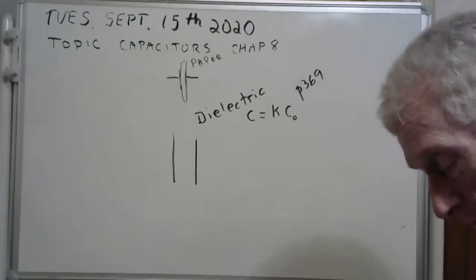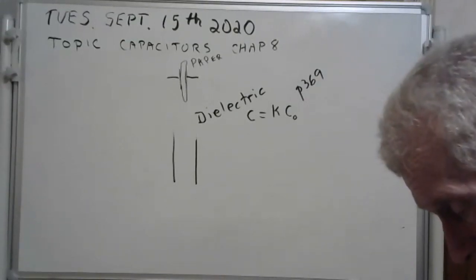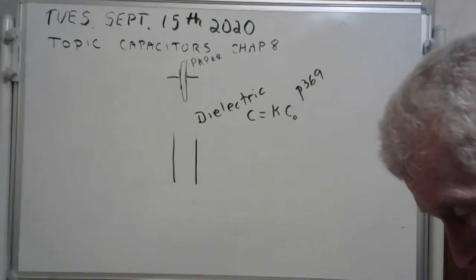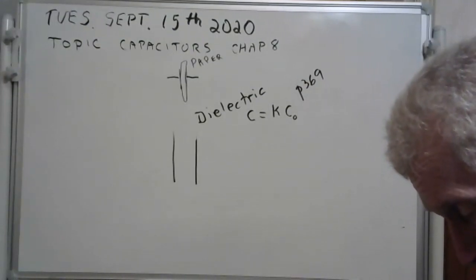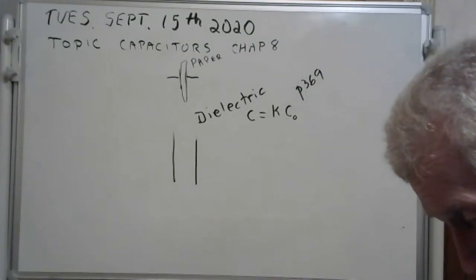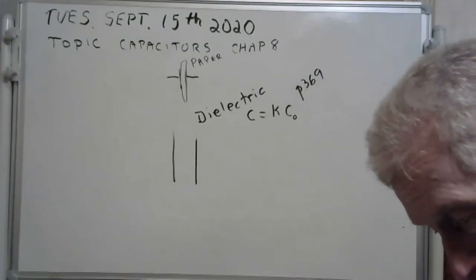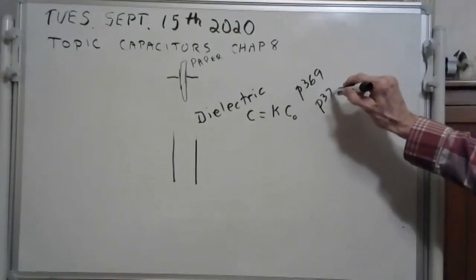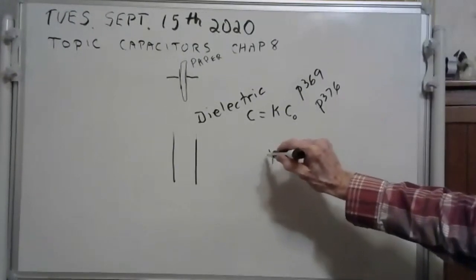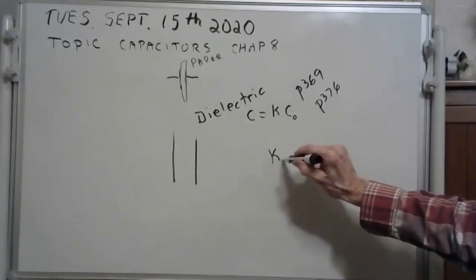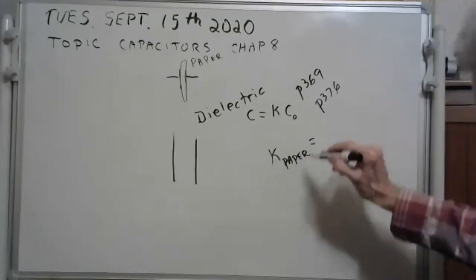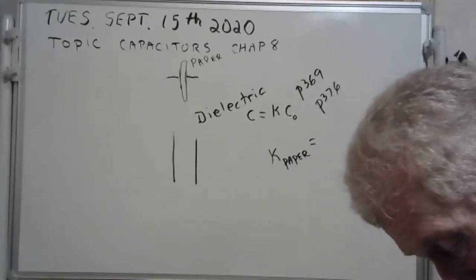And you have these dielectric constants. Now, we use paper on my capacitor that I made, and we can look up the dielectric constant for paper. It's on page 376. If you look on page 376, the K for paper is, I don't see paper.